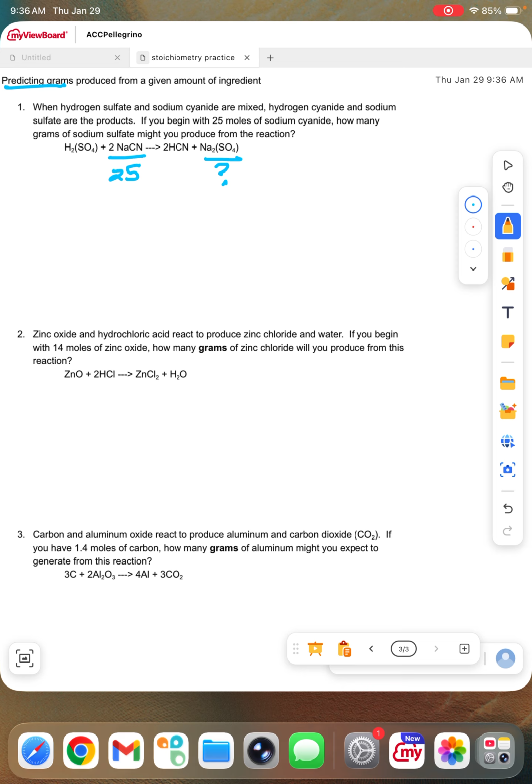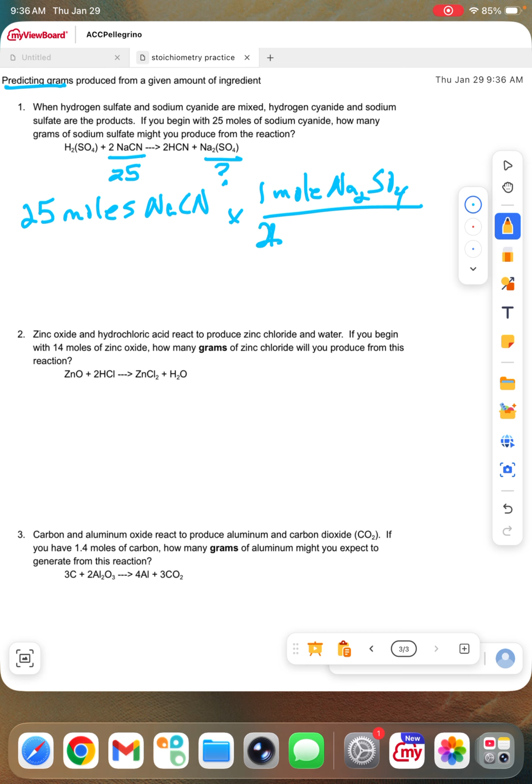This is still a 2-to-1 ratio, so we're still going to have our moles of sodium cyanide that we're starting with, which they tell us is 25 moles. And then we'll use our mole ratio. There's 1 mole of sodium sulfate for every 2 moles of sodium cyanide.